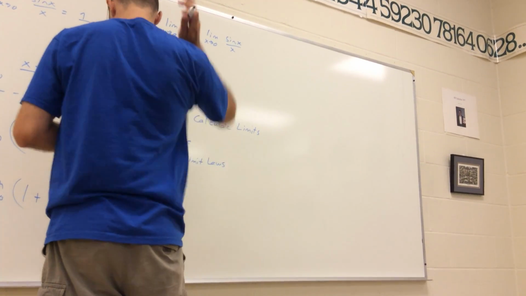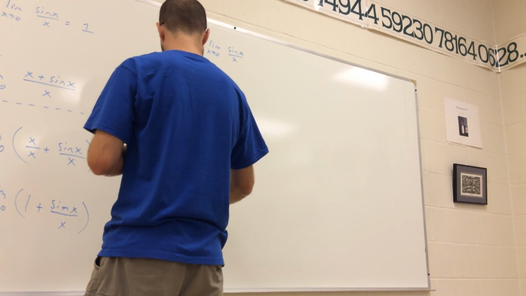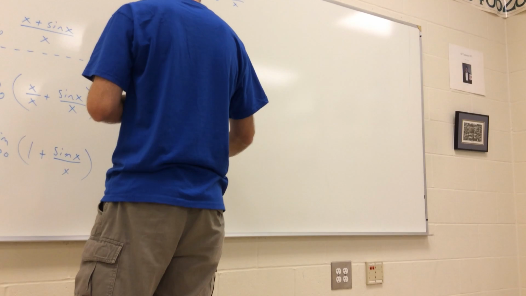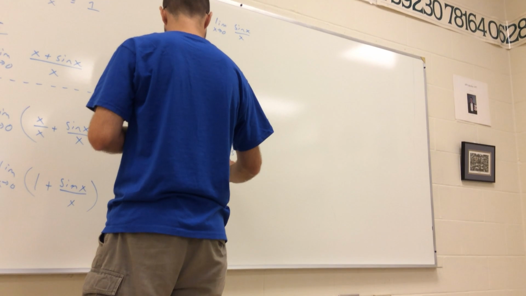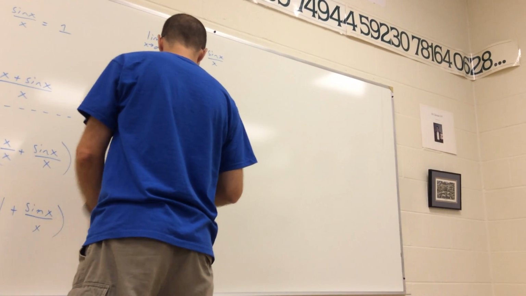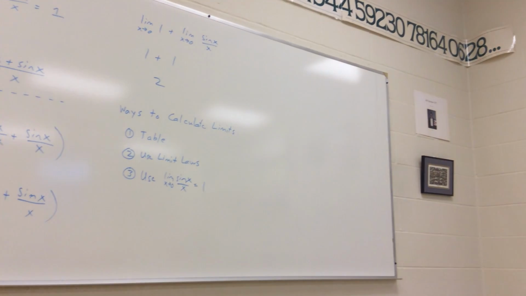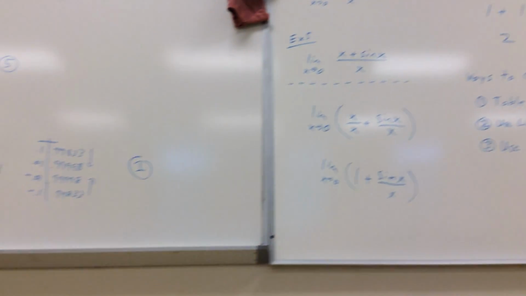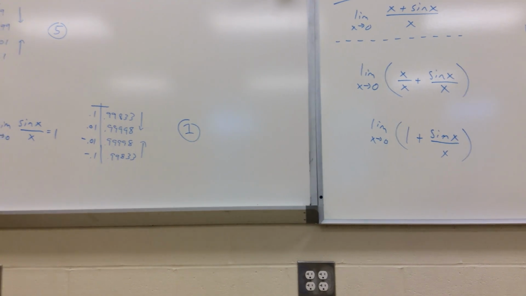And third way is use the fact that the limit as x approaches 0 of sine of x over x is 1. And we're going to add one more thing to the list today. But before we get to that, we're going to calculate a couple more limits using tables.